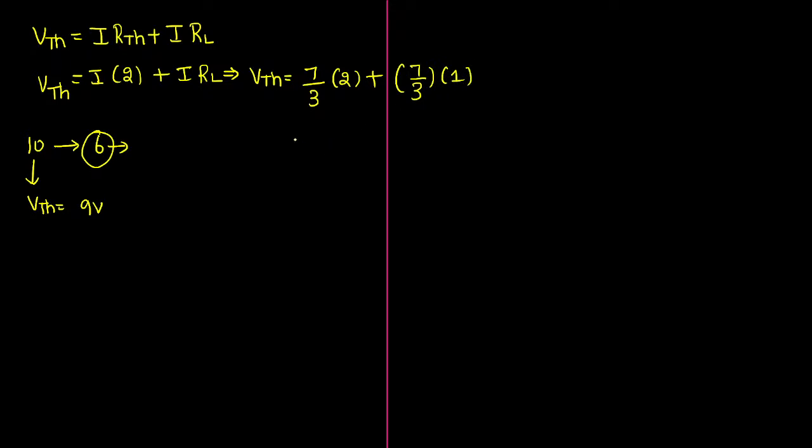What can be the new expected value of Thevenin voltage? 7 times 2 is 14 by 3 plus 7 upon 3. So 14 plus 7 is 21 by 3. So this new voltage becomes 7 volts. Am I right?